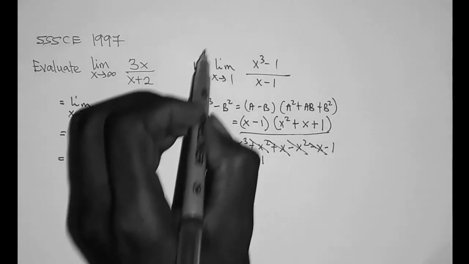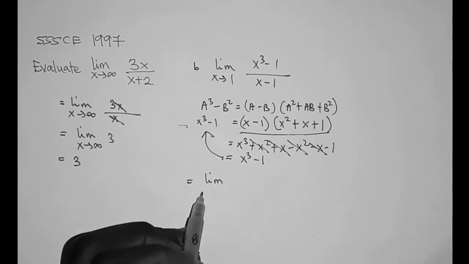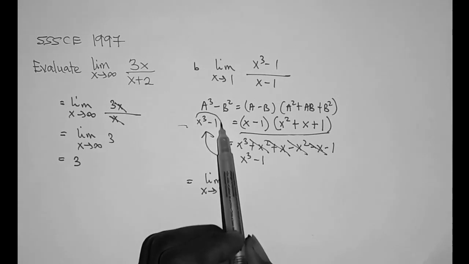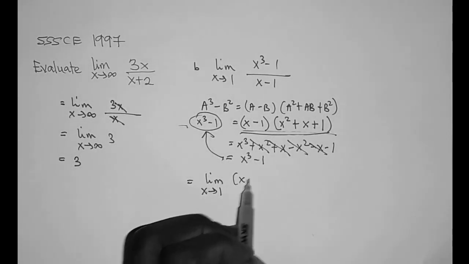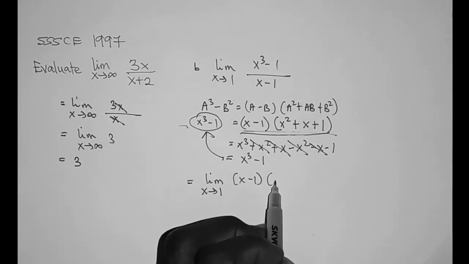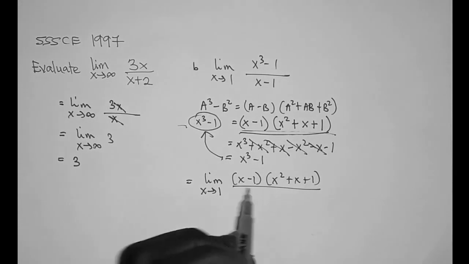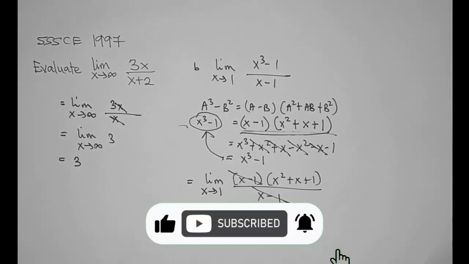So therefore, this limit becomes equal to the limit as x approaches 1 of x cubed minus 1. We'll replace it by this, which is x minus 1 times x squared plus x plus 1, all divided by x minus 1, so that this and this can cancel out.